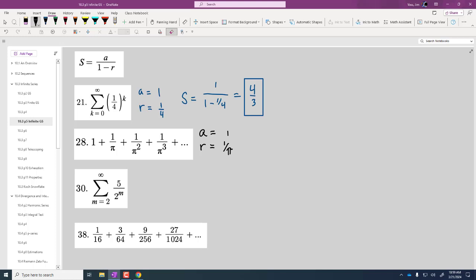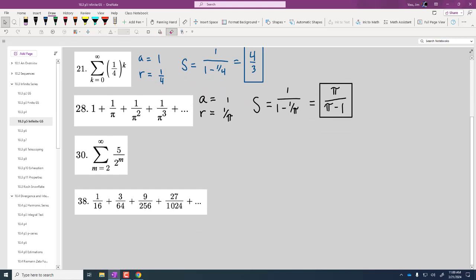And then our s, the total sum, is going to be a over 1 minus r. If we multiply everything through by pi to clear the fraction, we would have that as our total sum. Kind of funny that the infinite series is so much more manageable to find the sum of than the finite one.